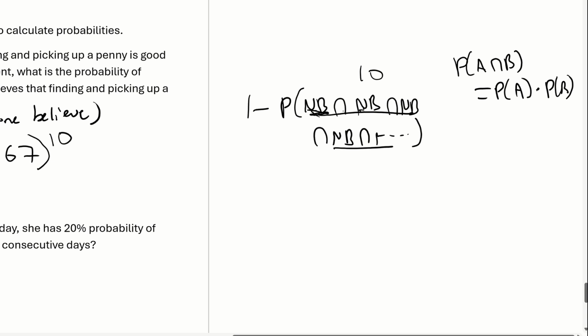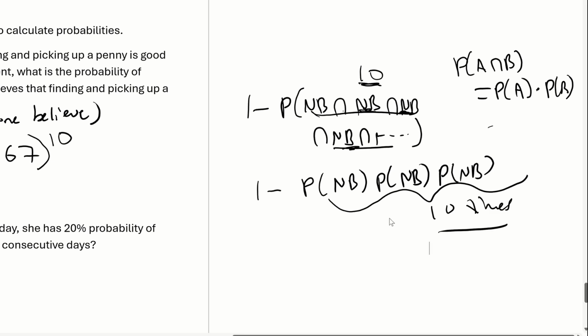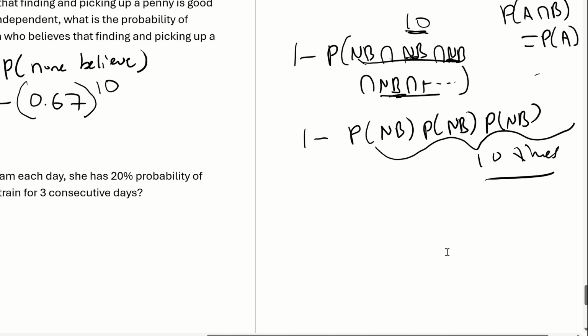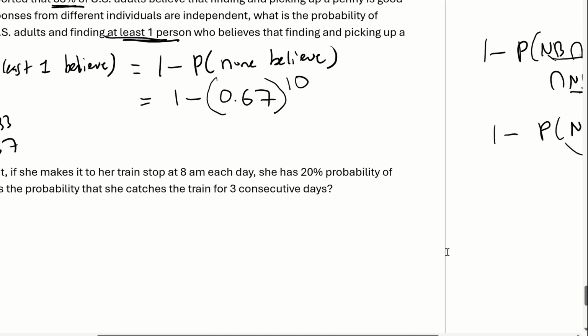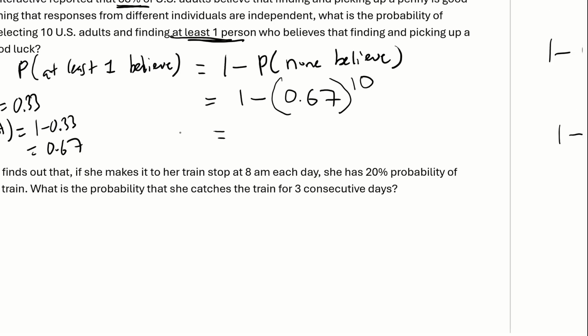So if I have 10 non-believers, I have to multiply those together 10 times. I have to do 1 minus probability of not believer, times probability of not believer, times probability of not believer, 10 times. In other words, it's this raised to the 10th power, right? Which is why I have 0.67 raised to the 10th power. All right, so it's going to be 1 minus that to the 10th power, which is 0.98177. Okay, I just put a lot of decimals there, but you can round it. It's fine.